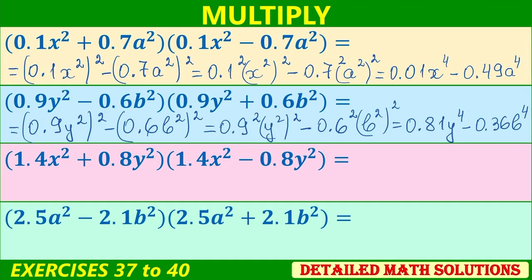Next exercise. Multiply (1.4x squared plus 0.8y squared) and (1.4x squared minus 0.8y squared).